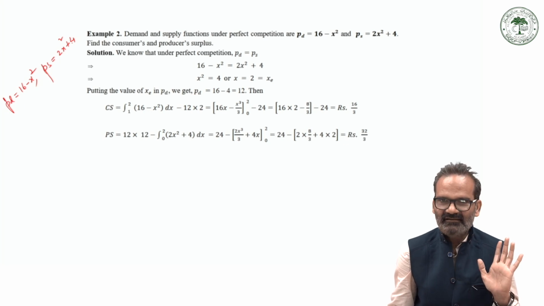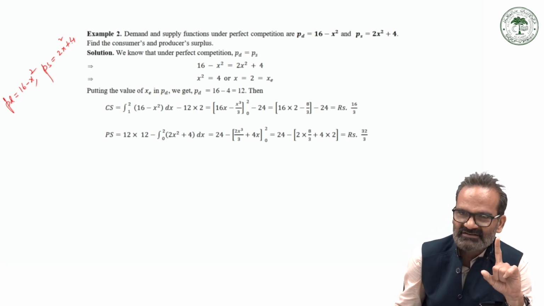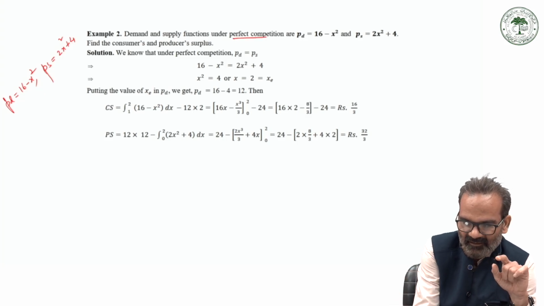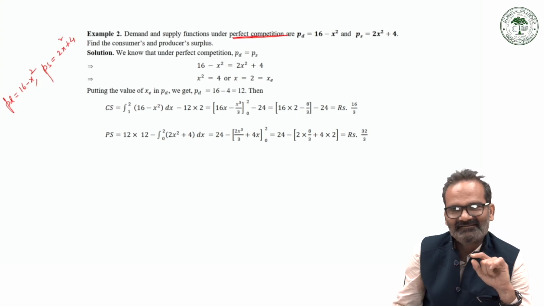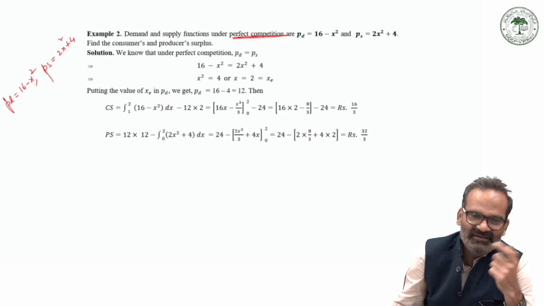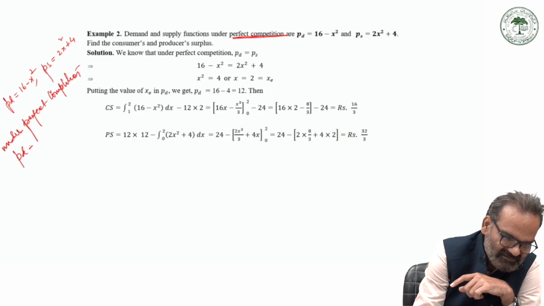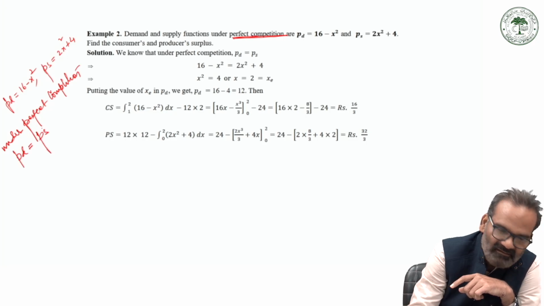But nothing else is given, only supply and demand functions are there, and one condition, that is under perfect competition. And we know what happens under perfect competition: the demand and supply both are equal.